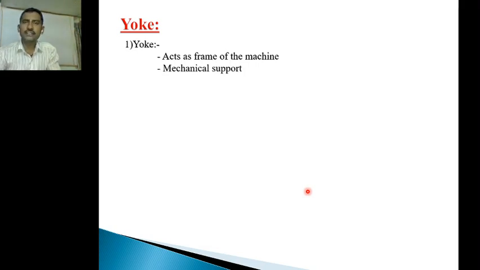Next, it provides mechanical support, and it provides a low reluctance path for the magnetic flux. All the poles, pole shoes and field windings are supported by the yoke itself. While providing all the field windings, some flux will be developed, so to reduce the wastage of the flux, the yoke provides a low reluctance path for the magnetic flux.